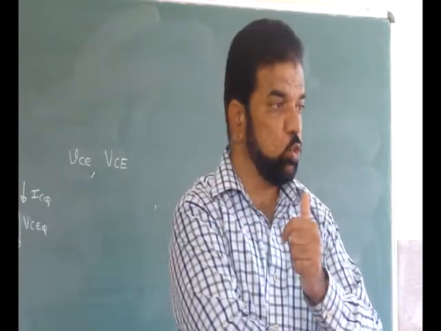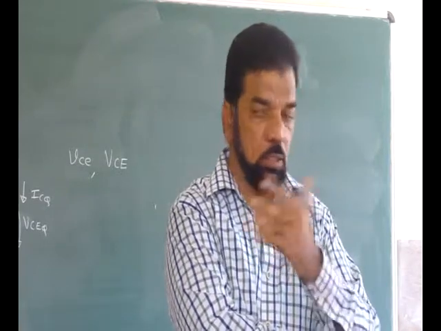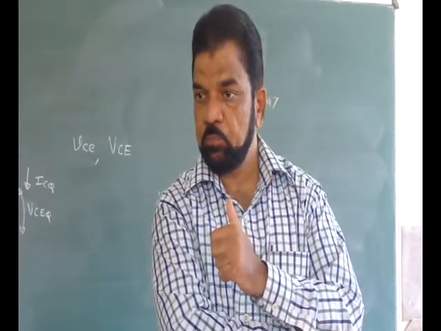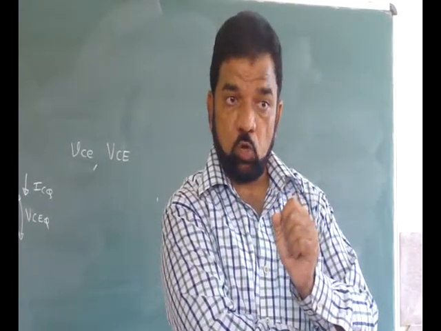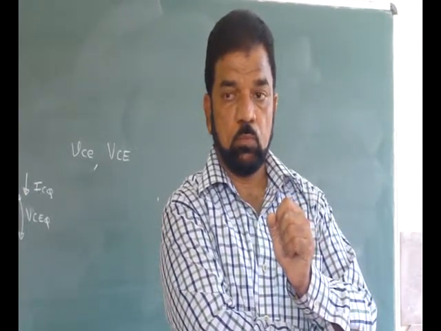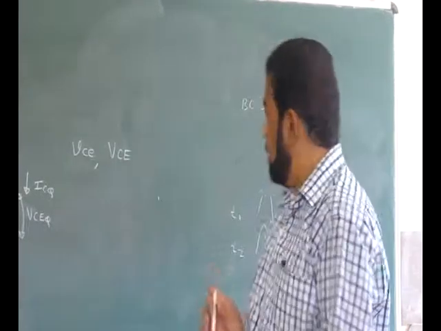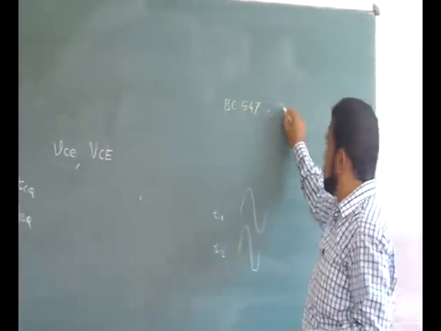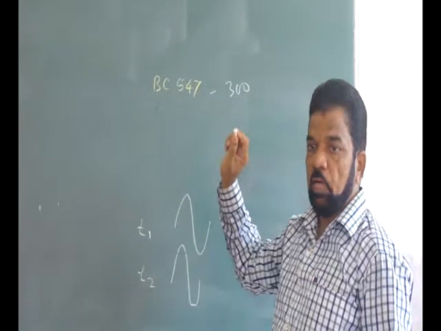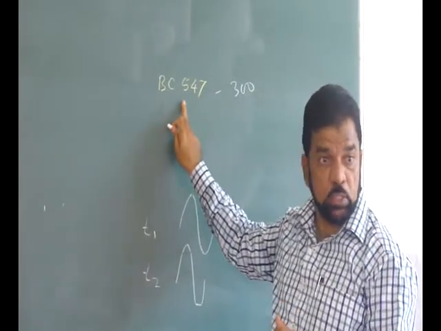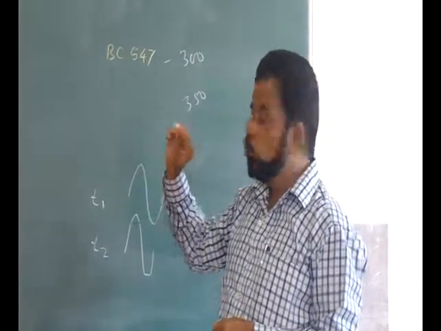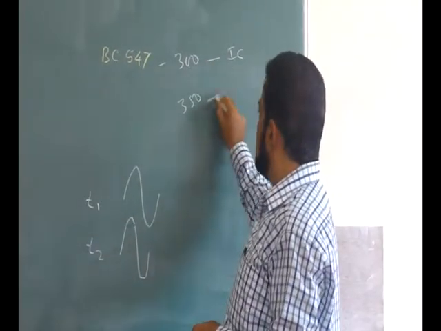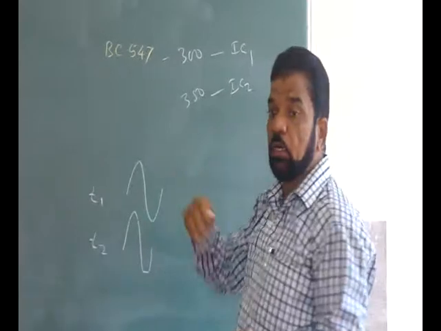If one transistor is showing 270 HFE, another transistor will give 350. This is due to mass production. And if your design is with, say, a 300 HFE, and you replace this transistor with another having HFE 350, corresponding to this you get one IC, corresponding to that you get another IC.